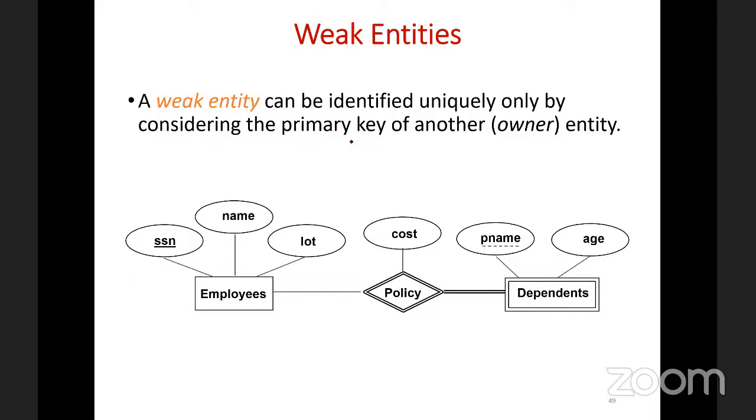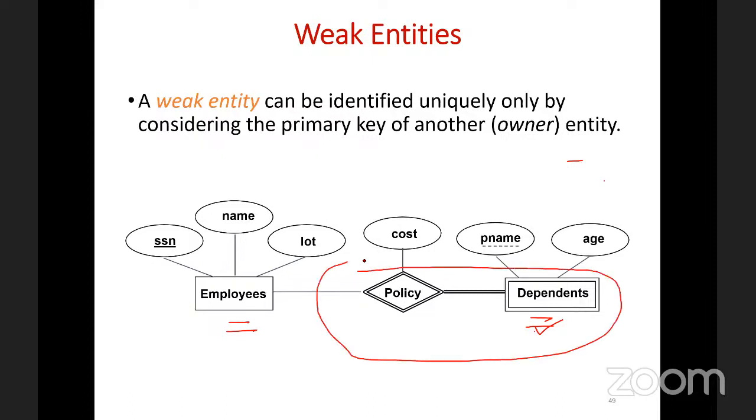So that is a weak entity. Here you can see that dependent is a weak entity. It always needs some owner entity, or you can say identifying entity, for its identification. If my child comes there and says, I want to get medicine, no one will treat him, right? But when he says that he is dependent on so and so, then he will be treated, right? So this is how weak entities are represented.